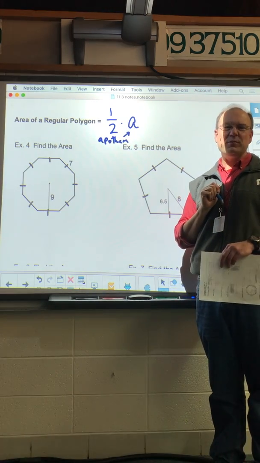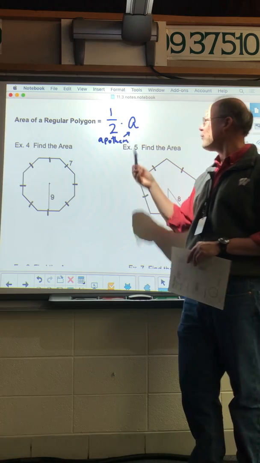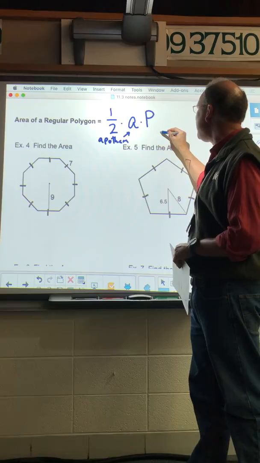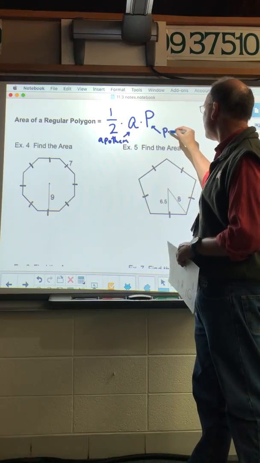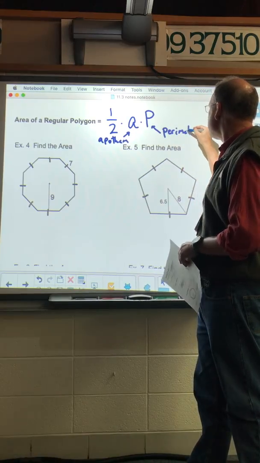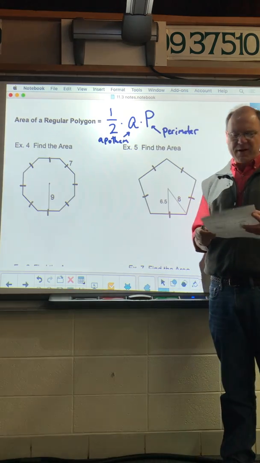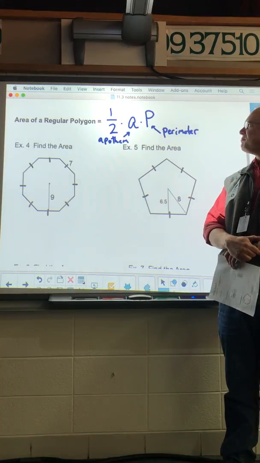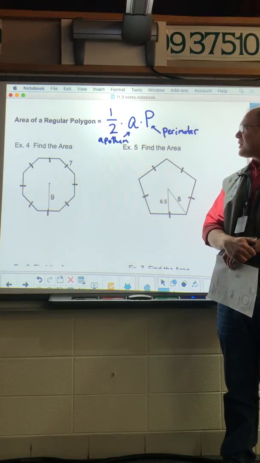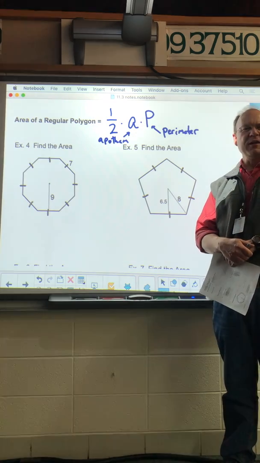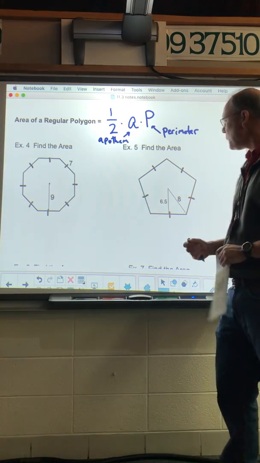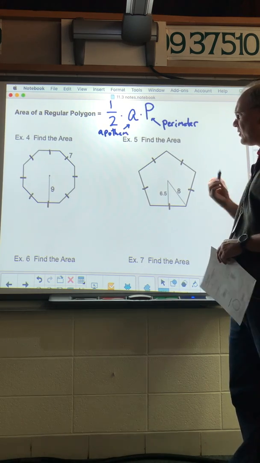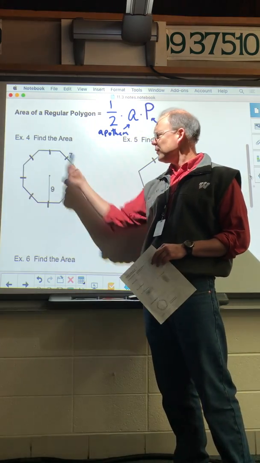So that's why apothem is super important, because it's right here in the formula. 1/2 apothem times P, which is the perimeter. 1/2 apothem times perimeter. Okay, so not a super complicated formula. And depending on the problem, some of them aren't that hard, like this one.